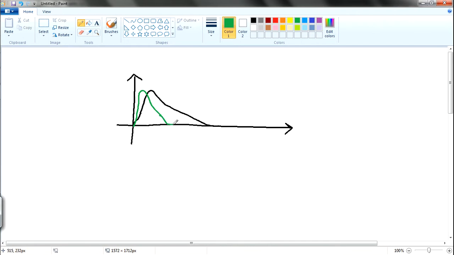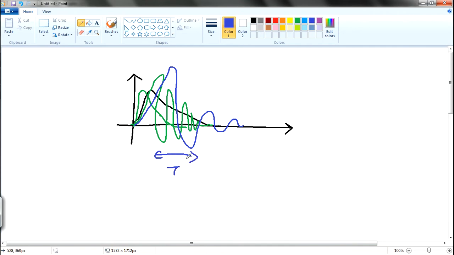For a very low damping factor, which is underdamped, it may oscillate a lot. So it is about the frequency itself, the number of cycles per period.